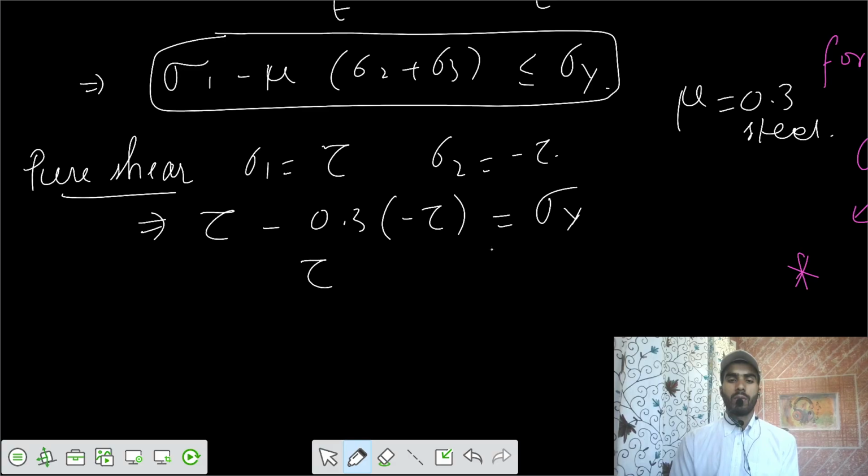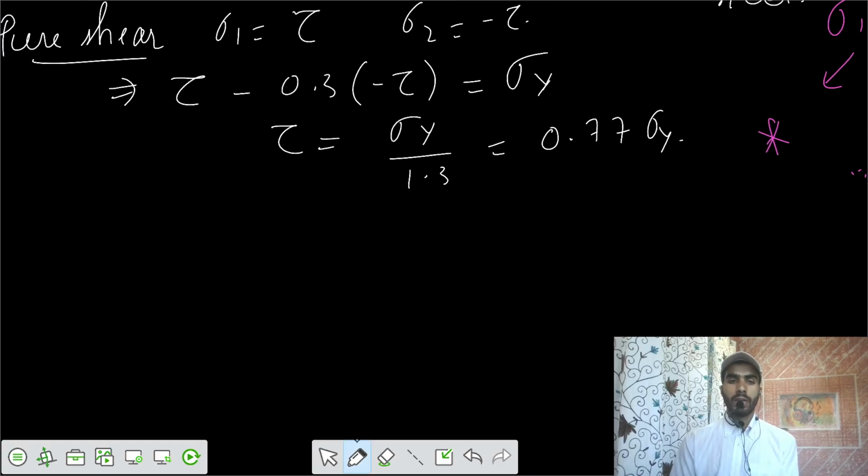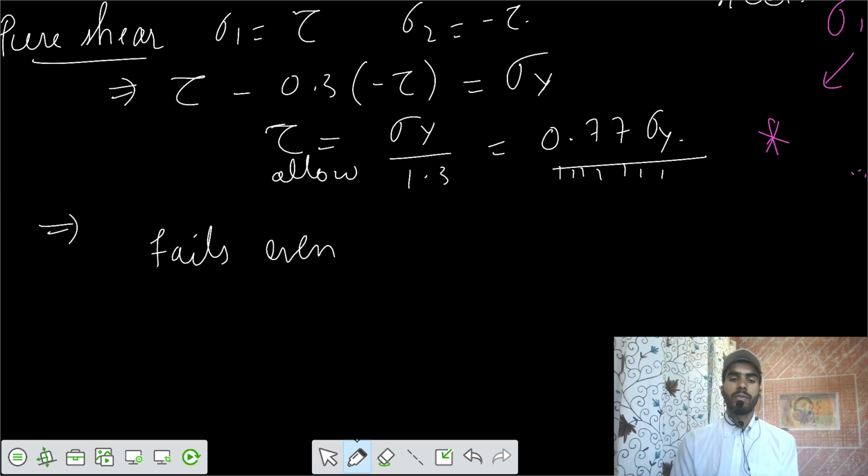That means tau equals sigma y by 1.3, which equals 0.77 sigma yield. That means this method allows a shear stress value of 0.77 sigma y, but the material fails at 0.5 Fy.